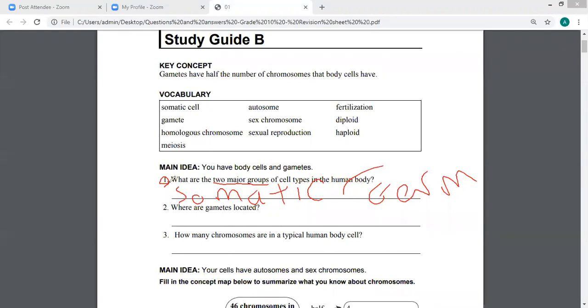If you know the answer, say it. Where are gametes located? In which part of you? No one knows the answer? Guys, open your mic.